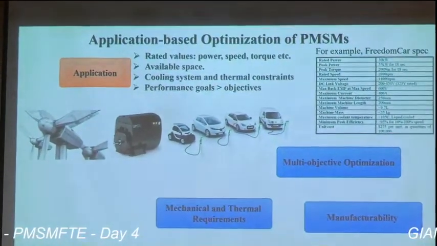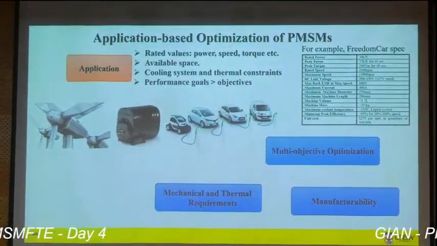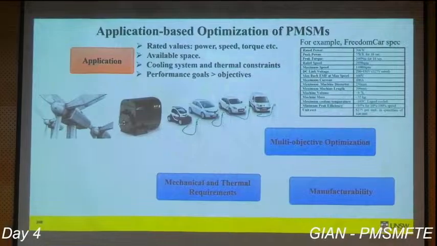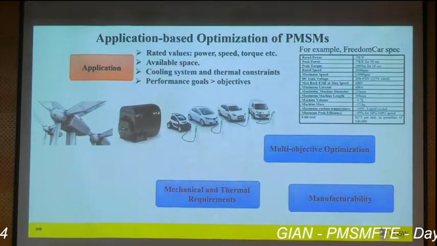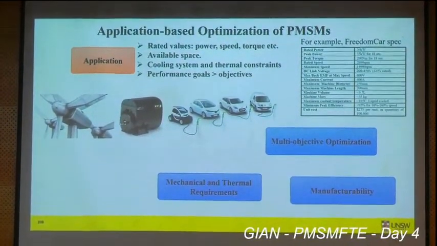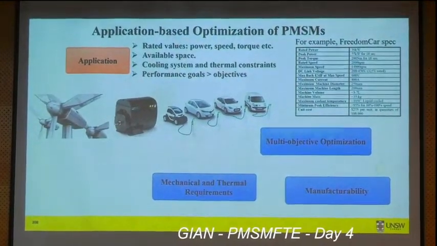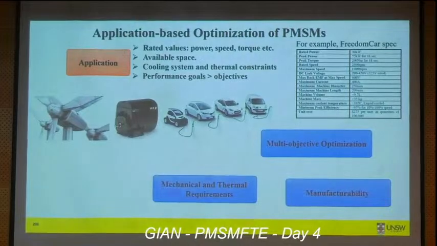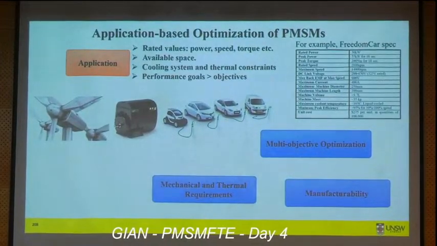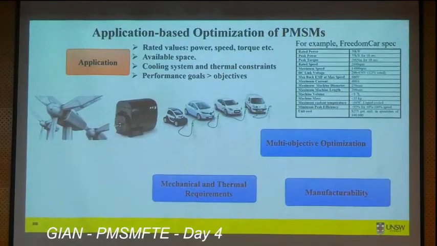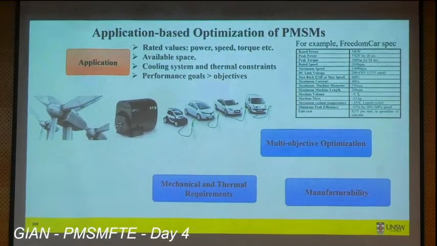So nowadays the optimization is becoming more and more application based. Okay? So the application decides what is your criteria that you want to optimize. In our case, it is EV. We could take the Freedom Car 2020 spec that we talked about in our first lecture as our optimization criteria.